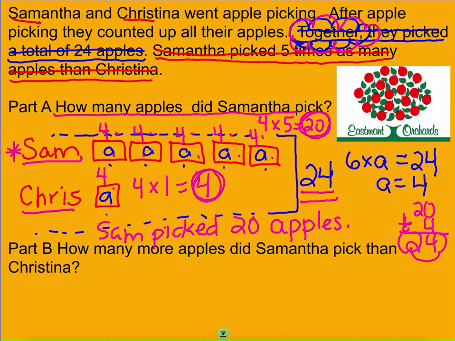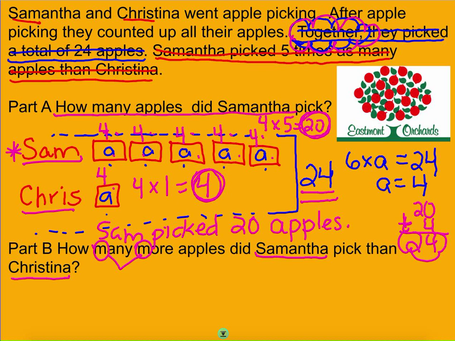So how many more apples did Sam pick than Christina? So many more, my M&M strategy, M&M is subtraction, okay? And I am subtracting because we're looking to find the difference between Samantha's apples and Christina's apples.